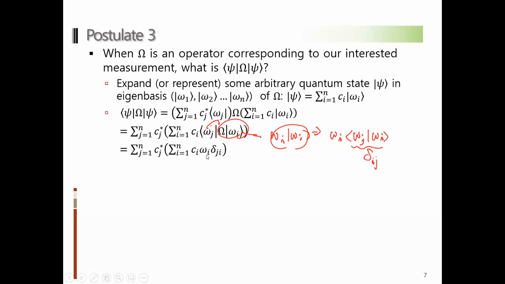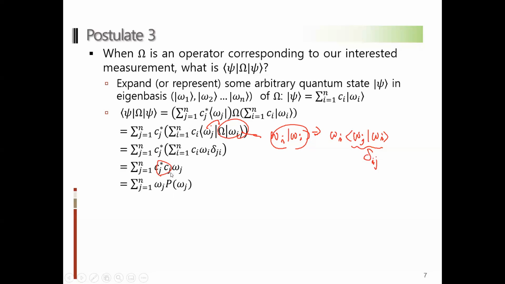And then we know that the summation including the Kronecker delta inside will just be replaced by the full expression with the index i replaced by the index j. So the final result will look like this one. What is the meaning of this product of these two values?